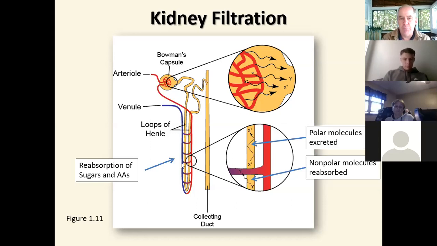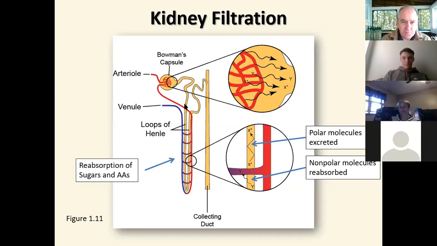And then there's water balance here too, where I don't remember exactly how it works, but basically the salinity gets higher as you go down this loop of Henle, so water goes out, and then it gets lower again back up this loop, and I think you're concentrating as well as reabsorbing as you go down and back up this loop of Henle. I learned that in 1982, and I still know it. So when I test you 40 years from now on this stuff, you better still know it. I'll be dead then, don't worry.